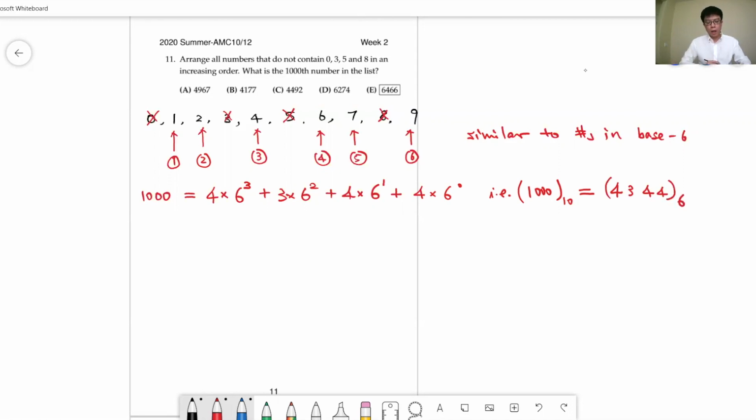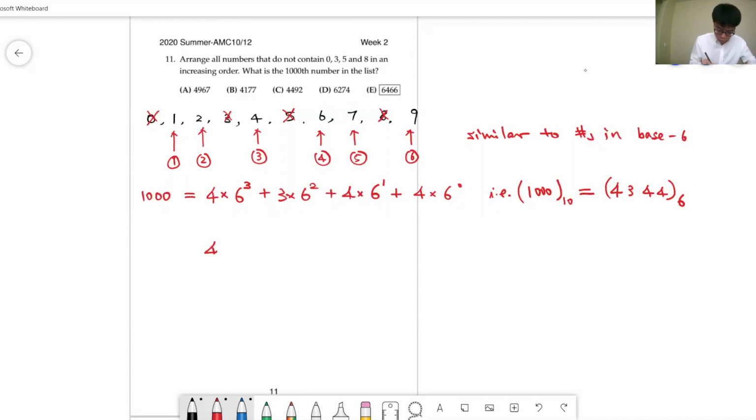Okay. Now we are using these 6 digits. So in base 6, that basically means 4, the leading term, is the 4th. If we order these digits, that's the 4th number. So here the 4th number is 6. Let me write this first.